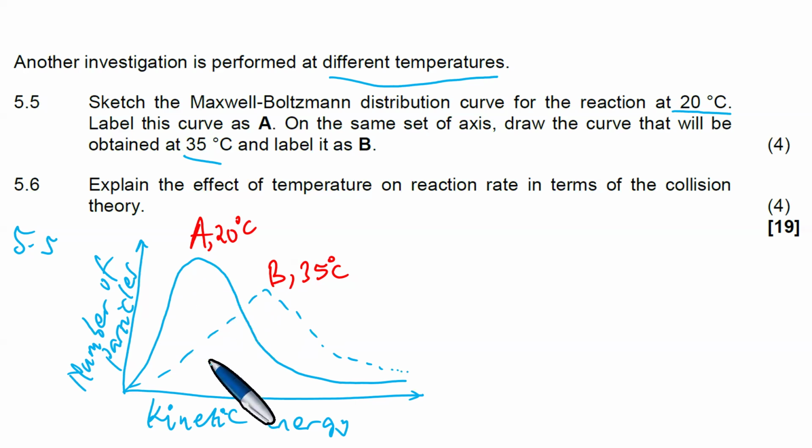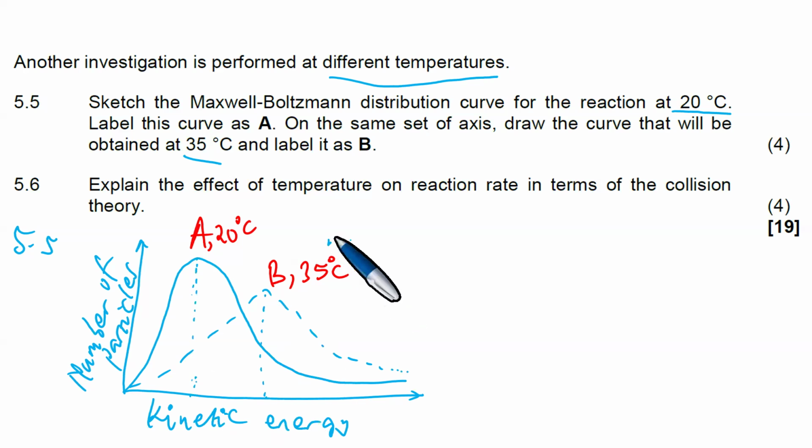So in other words, at the smaller temperature of 20 degrees Celsius relative to 35, you realize that the kinetic energy is smaller. And here the kinetic energy will essentially be bigger.